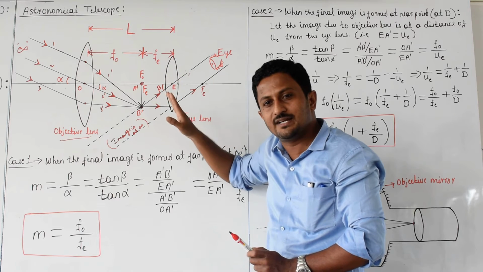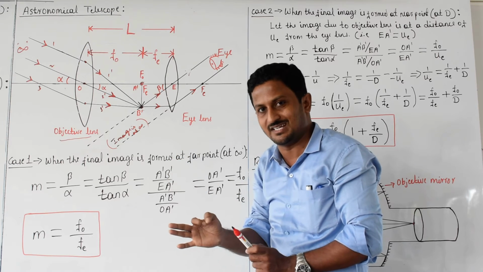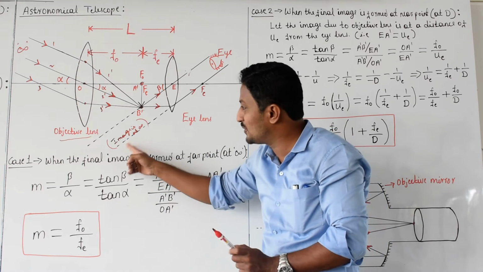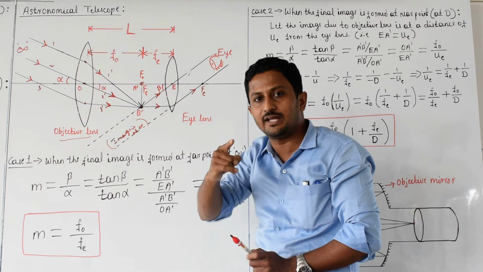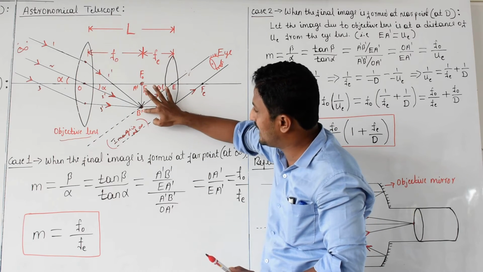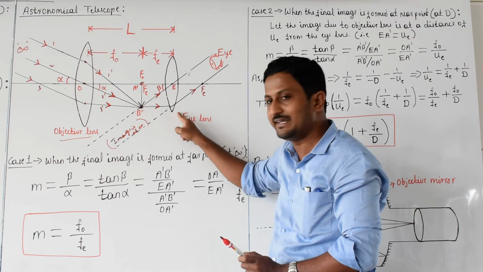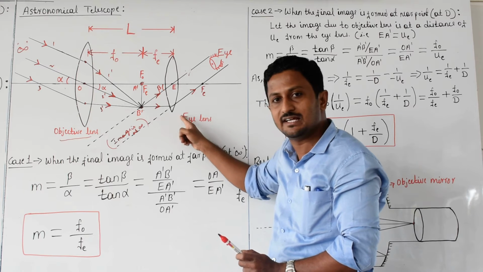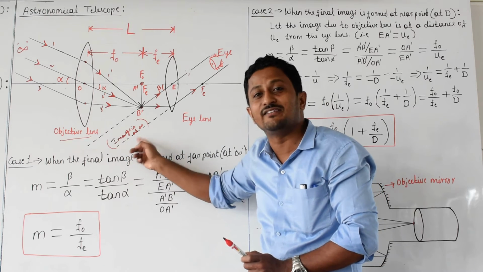When the object is at the principal focus point of a convex lens, the image is produced at infinity. Are you getting it? This A dash B dash is at the principal focus point of this eye lens, so this eye lens produces the final image at infinity.